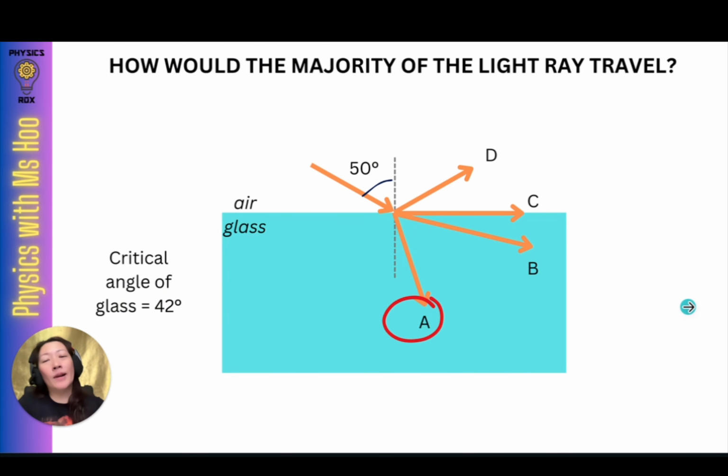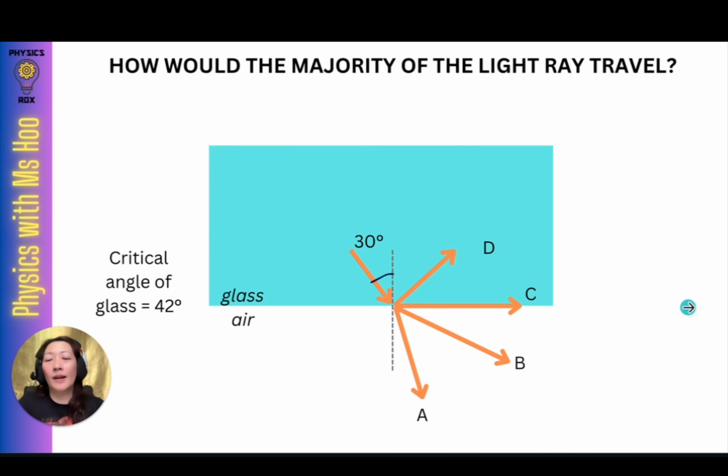Now, let's look at what happens when light travels from glass to air. In this case, light is attempting to travel from glass to air, where the incident angle within glass is 30 degrees. To check where the light ray will travel, again, let's look at the two conditions for total internal reflection. The first condition is that the incident angle must be greater than the critical angle. We're given a critical angle of glass at 42 degrees, but the incident angle here is only 30. It's less than, correct?